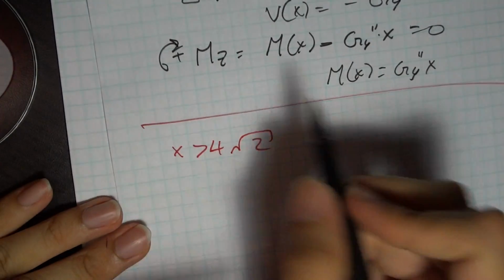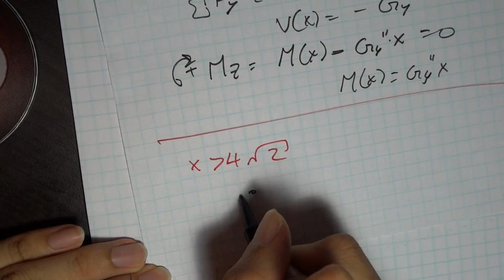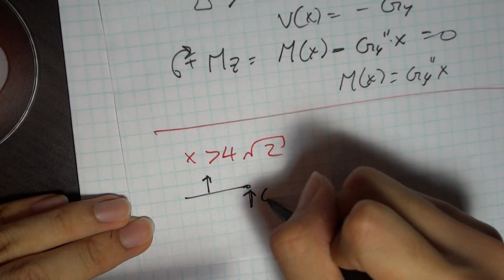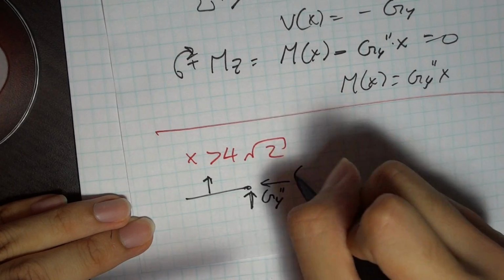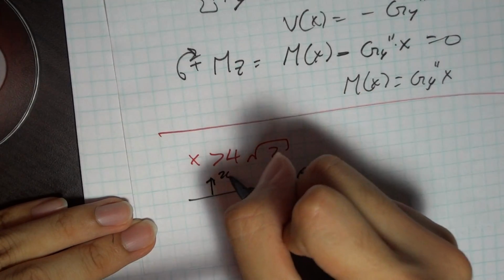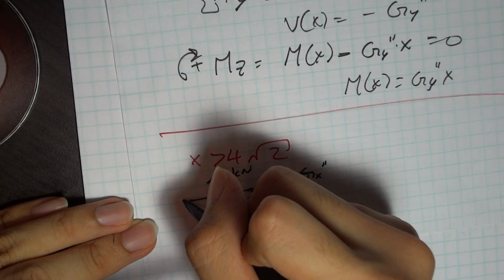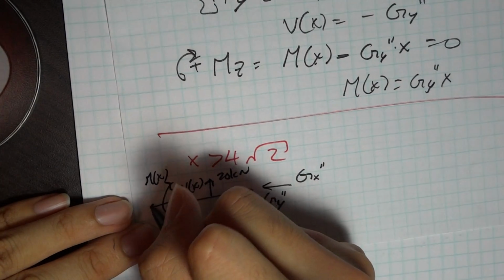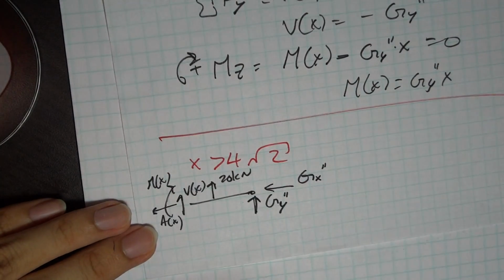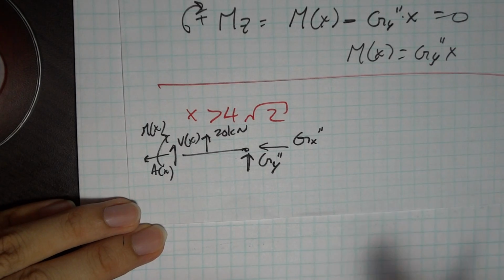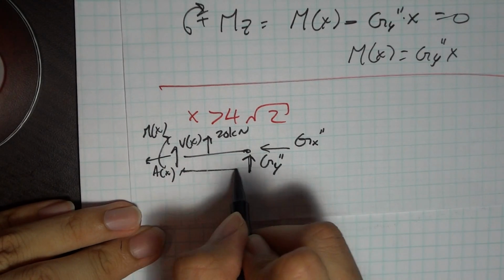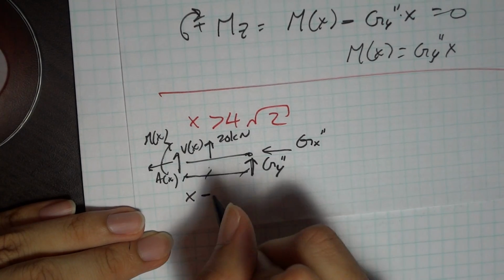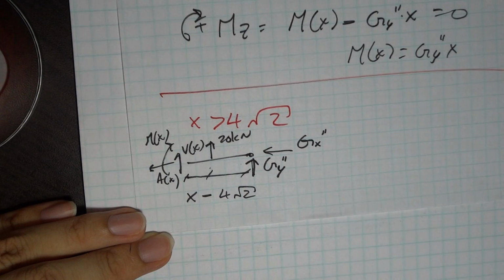For x greater than 4√2, I do the same thing, but I look at now including this force here. So now the distance to this load is going to be x minus 4√2.